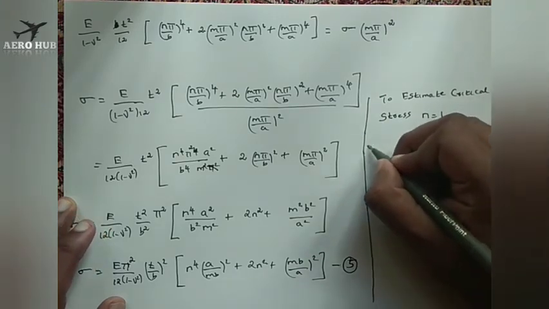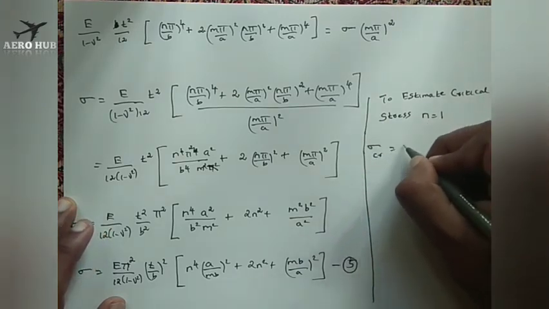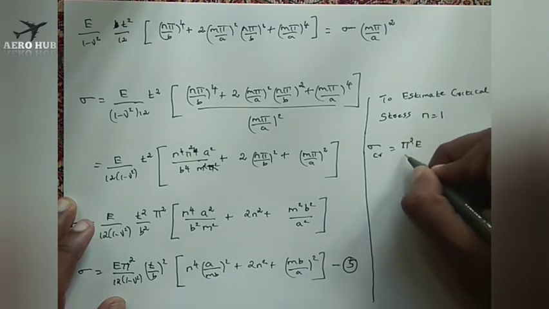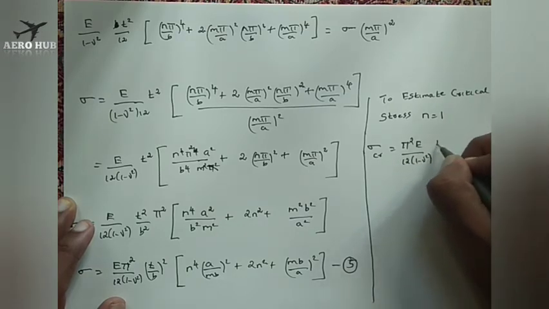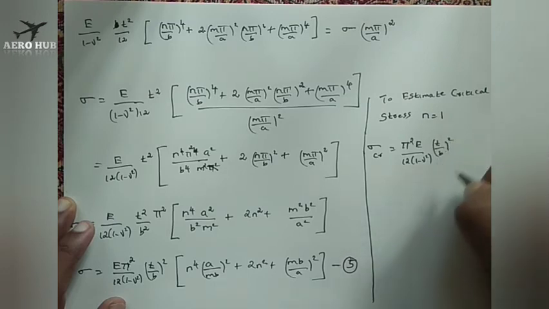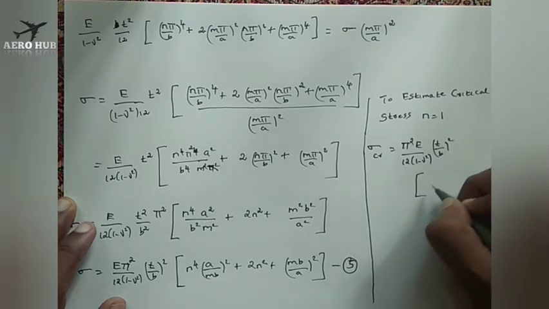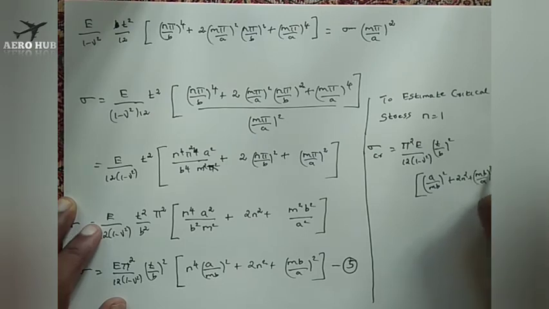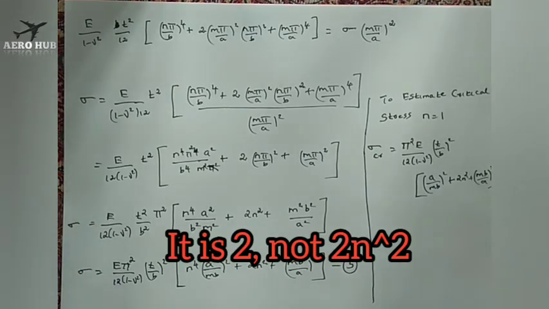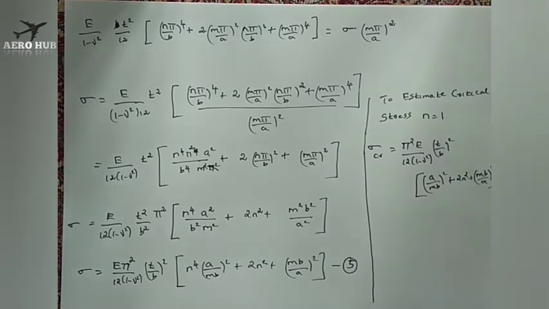So I can write sigma critical is equal to pi square into E divided by 12 into 1 minus mu square, (t by b)^2 multiplied by (a by mb)^2 plus 2n square plus (mb by a)^2. Okay, this is the term coming when the value of n is equal to 1.